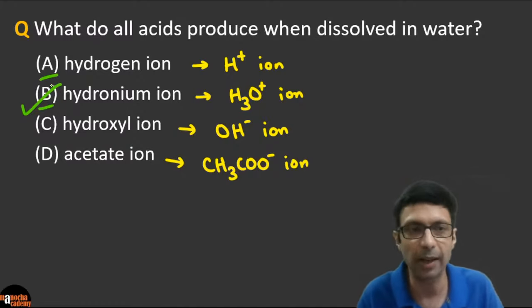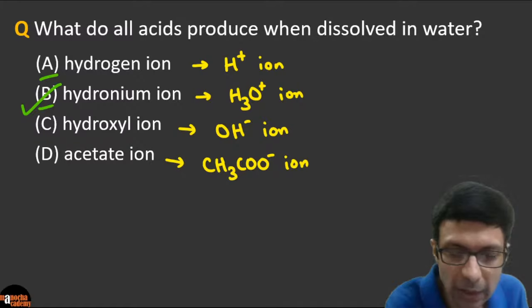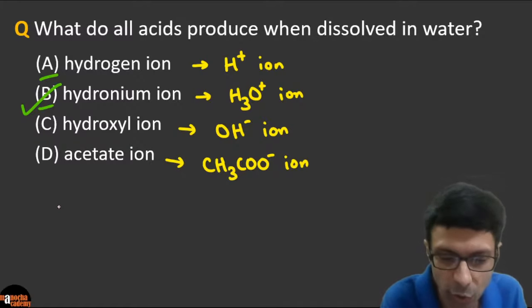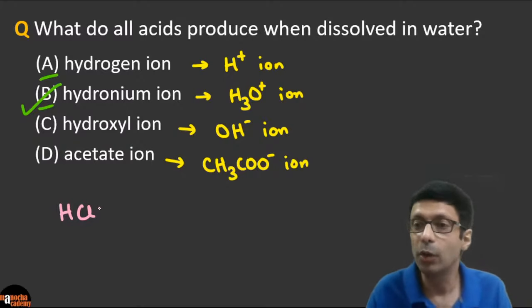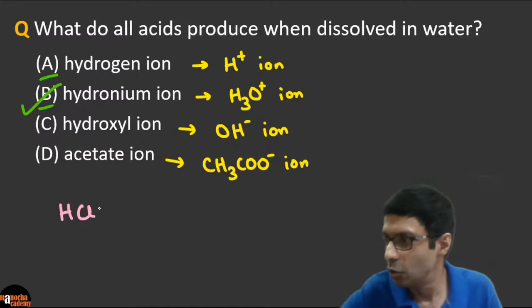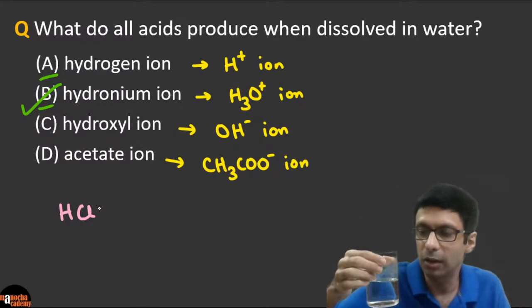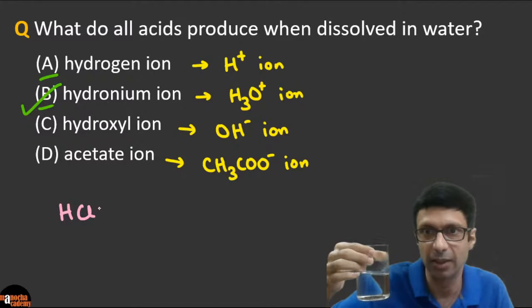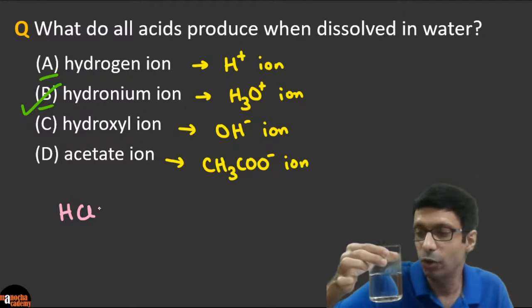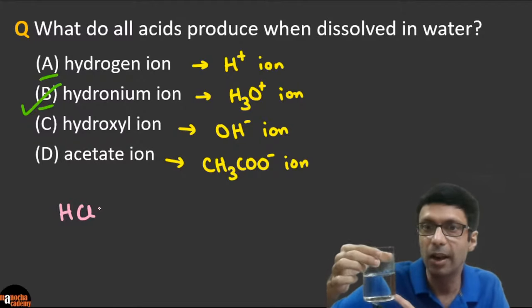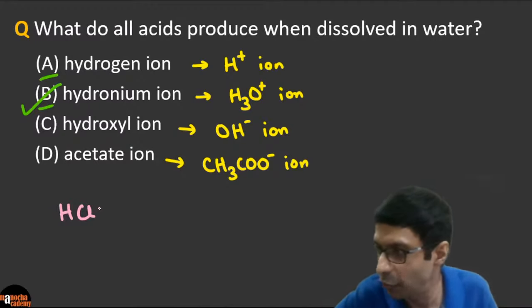So let me explain that clearly to you why. Let's take the simple example of hydrochloric acid, right? So let's say I have this glass of water here, and let's say I put hydrochloric acid in this glass, okay? So when hydrochloric acid is put, the water in the glass is going to break down the hydrochloric acid.